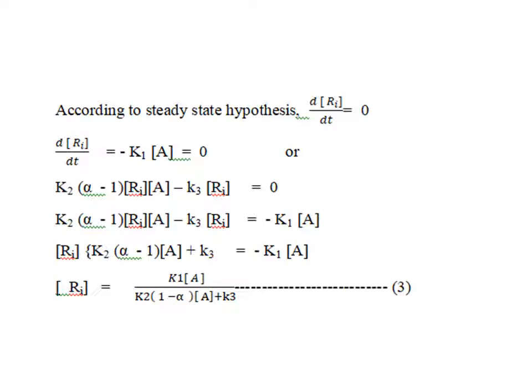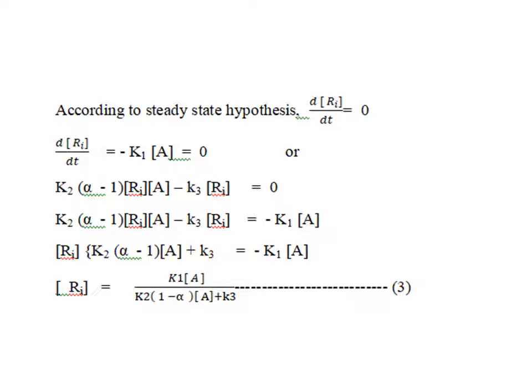We have already discussed that dRi over dt is equal to minus K1 into concentration of A. We put this: K2 into alpha minus 1 into Ri into concentration of A minus K3 into Ri concentration is equal to minus K1 into concentration of A. Now on the left hand side, Ri is common in both the terms.